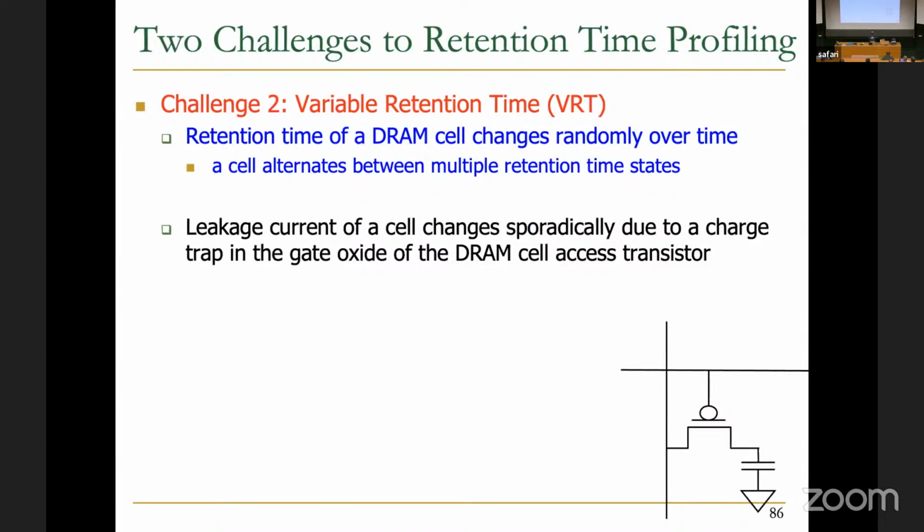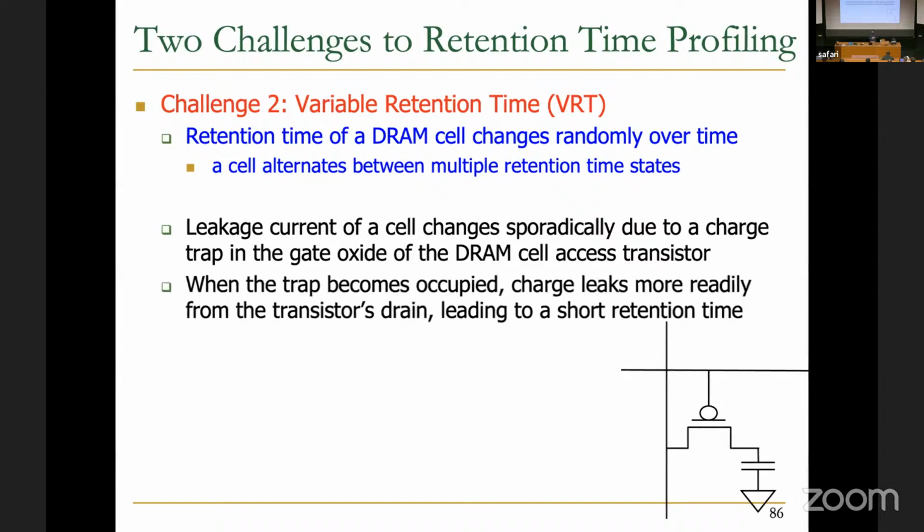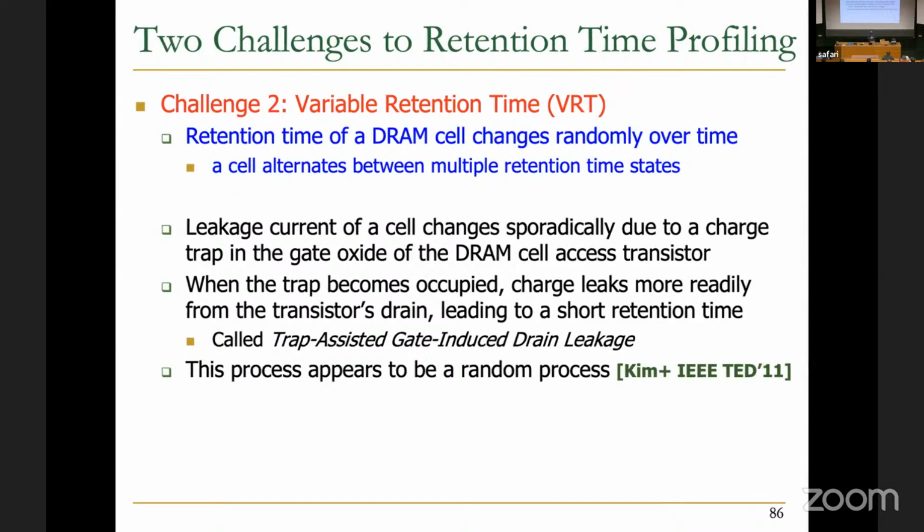The leakage current of a cell changes sporadically due to a charge trap in the gate oxide of the DRAM cell access transistor. If the trap becomes occupied, it causes some leakage inside the transistor that can reduce the data retention time. This is called trap-assisted gate-induced drain leakage.